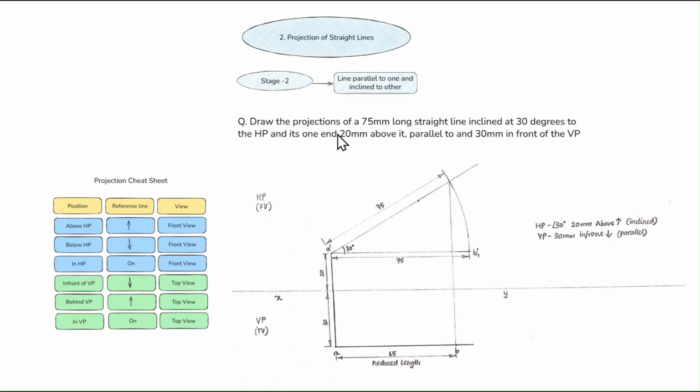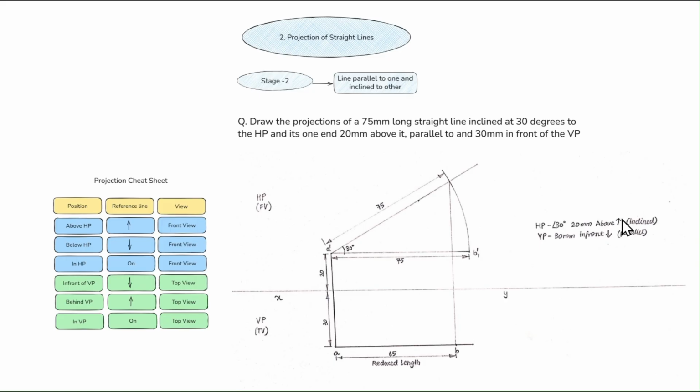First you see what things are given. You have a horizontal projection and a vertical projection. In horizontal projection they have given a 30 degree angle. Note it down. They have also mentioned its one end 20 mm above it. It refers to the HP itself. So one end 20 mm above HP.